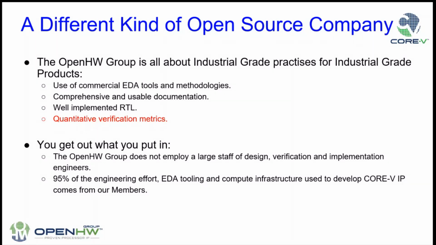That's the mantra. You'll hear me say this 100 times. When it comes to verification, I'm the verification guy, so this is what I focus on, the thing in red. We use quantitative verification metrics on our open source IP. This makes us not completely unique in the open source space, but rather unique in the open source space. There are other organizations that are starting to do this as well. But really, this makes us stand out.